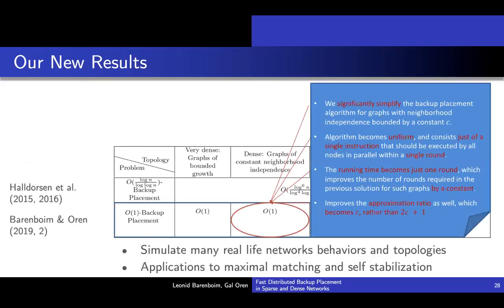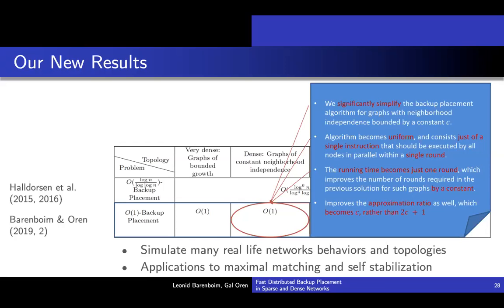So first, let's cut to the chase. We significantly simplified the backup placement algorithm for graphs with neighborhood independence bounded by a constant C. This is done as the algorithm becomes uniform and consists just of a single instruction that should be executed by all nodes in parallel within a single round.